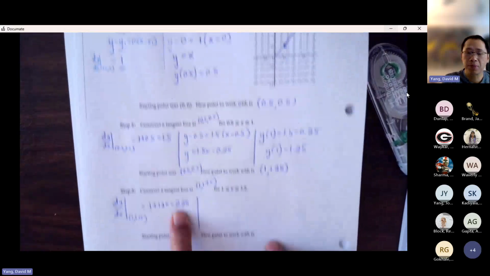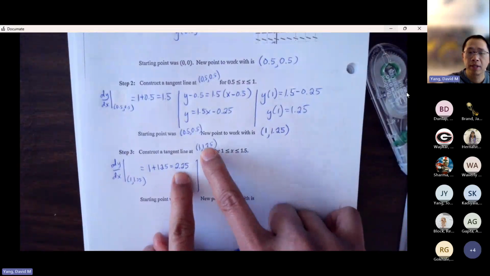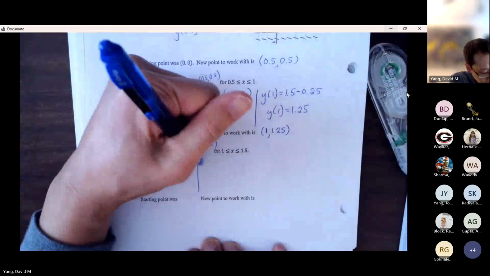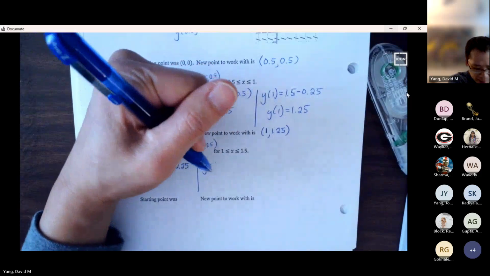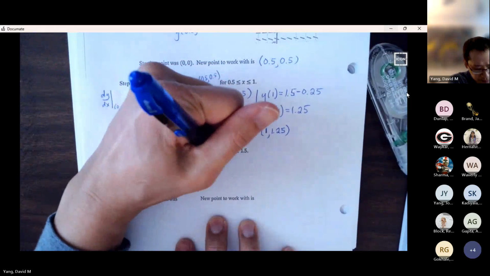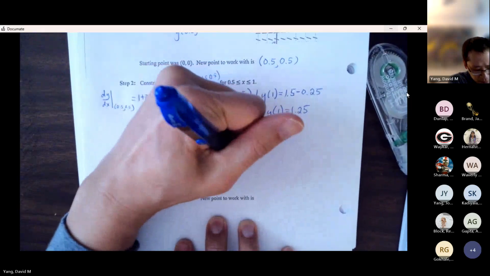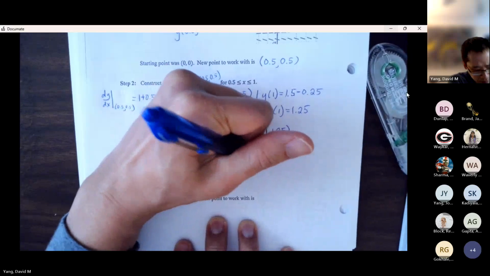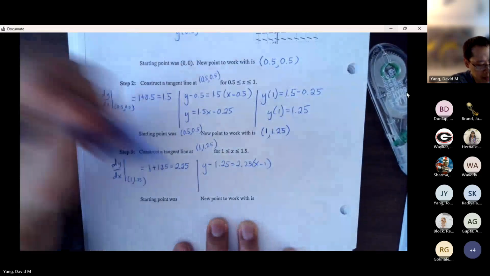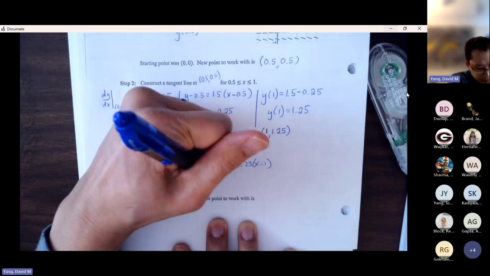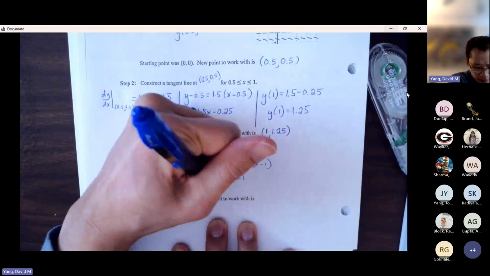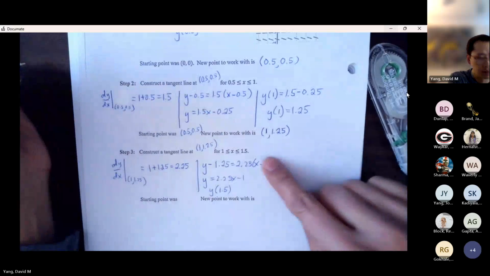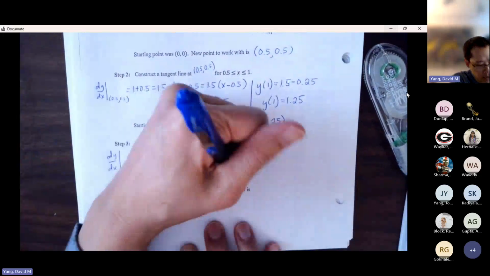So we have our slope, we have our ordered pair, point-slope form. Solve for y, and then plug in our destination at 1.5.